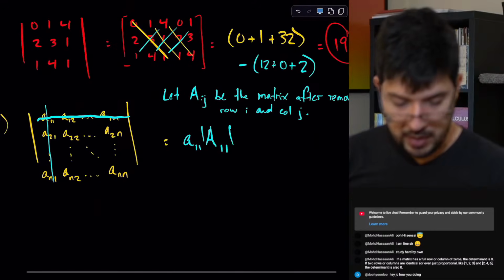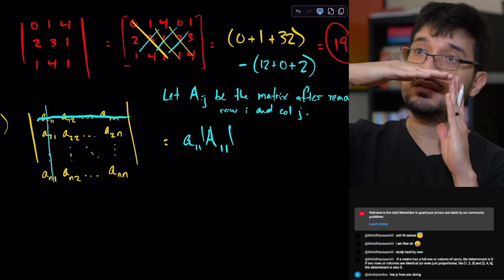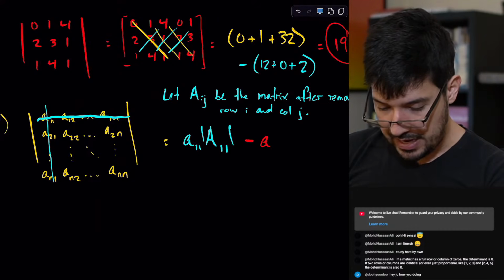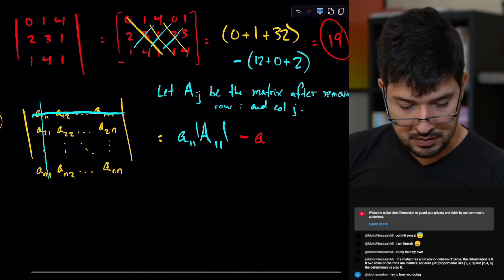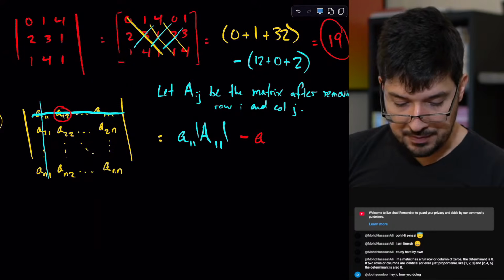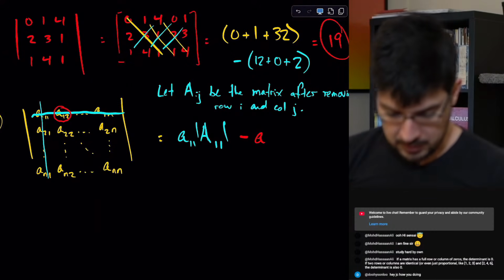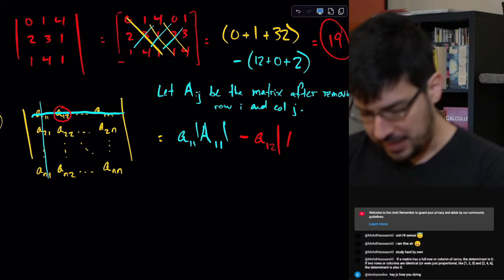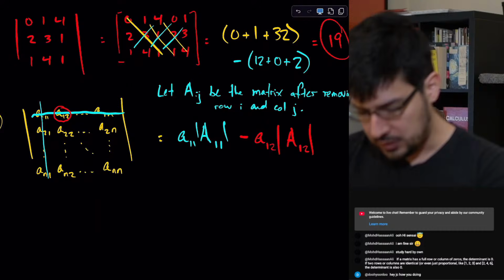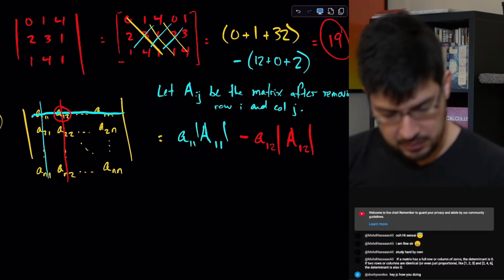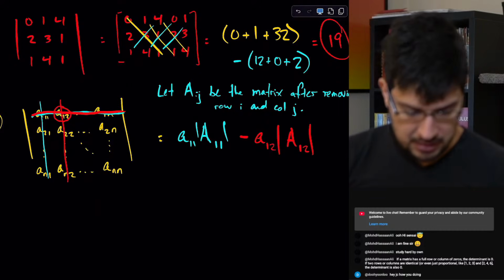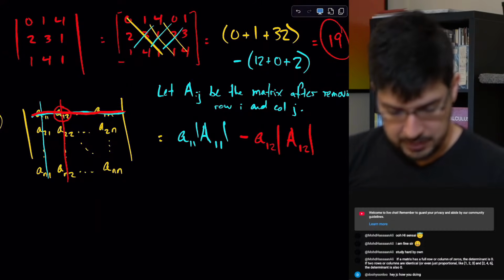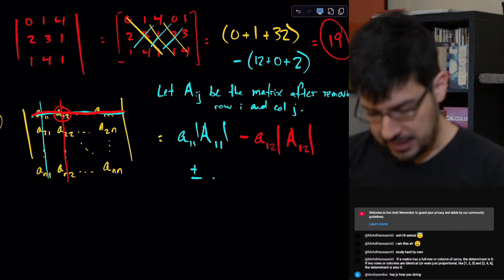So I slice out, I cut out the first row and first column, and then I subtract the second cofactor, which is A12 times the determinant of the minor matrix 1, 2. So we cut out the first row and second column for that one. And then we do plus and minus, dot, dot, dot.